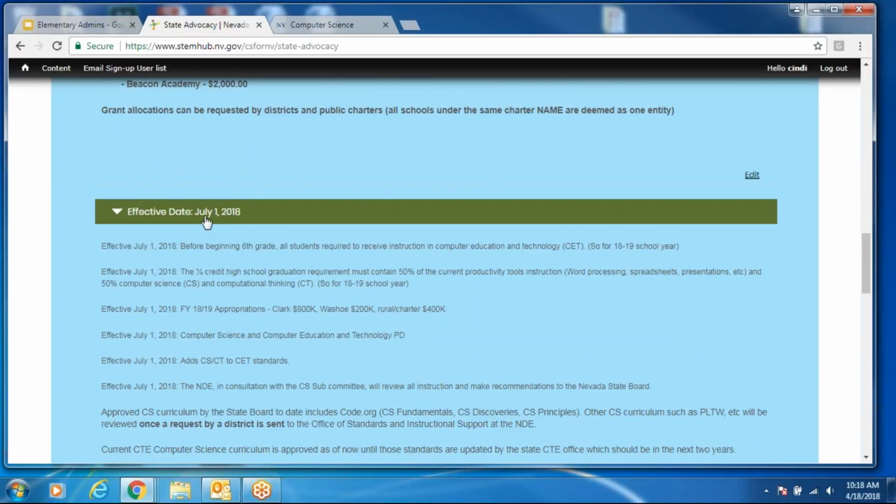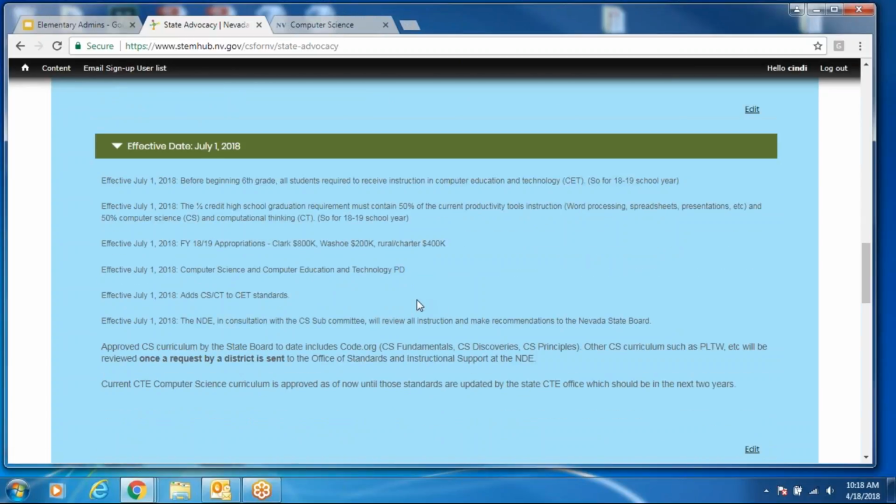Effective this coming July, this is where it affects you folks in the elementary school. The very first one there, before beginning 6th grade, so K through 5, all students are required to receive instruction in computer education and technology. That goes back to what I was saying before, where are we testing our students on their computer skills or on their knowledge of the subject matter.